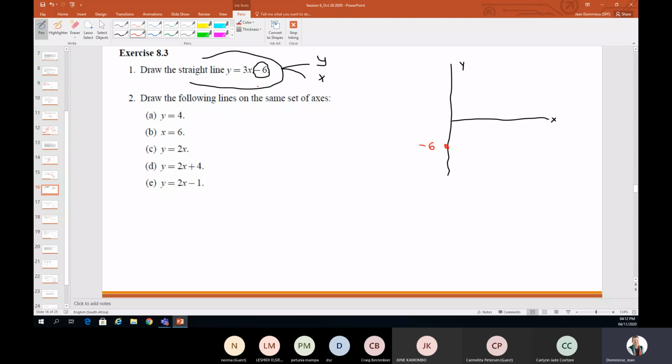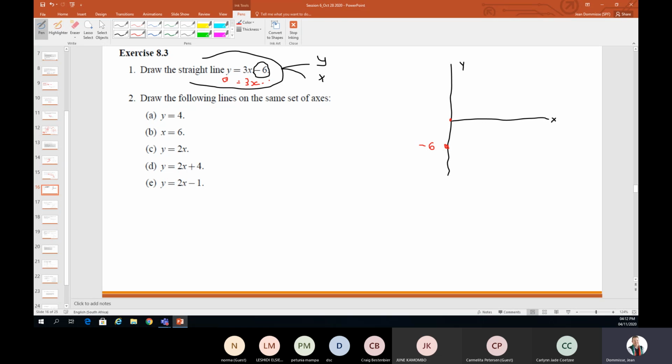Then, we know that if x is 0, then y is -6. So how to get the other point is when y is 0. So when y is 0, what is the value of x?